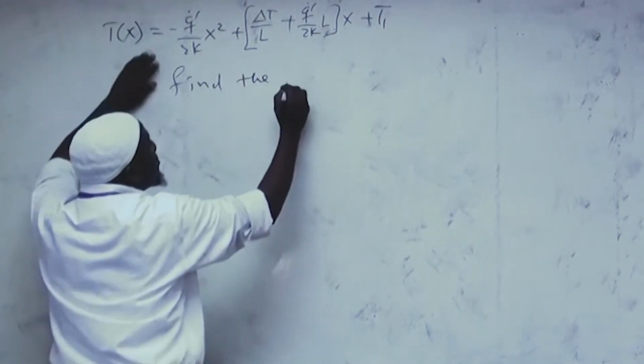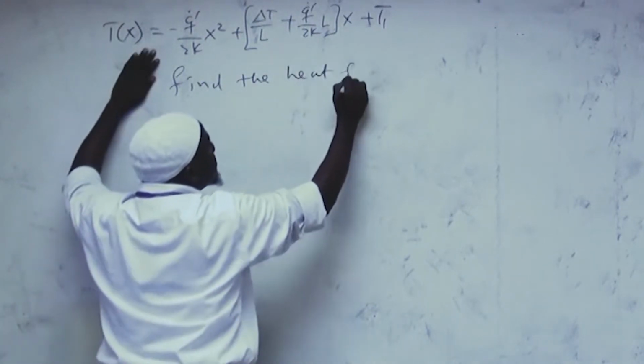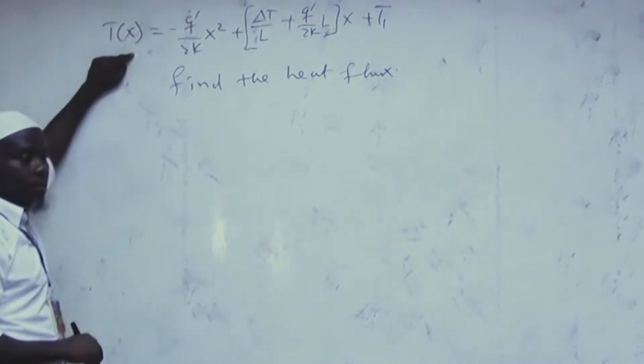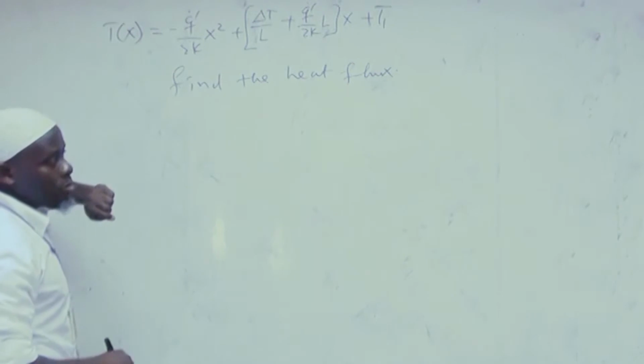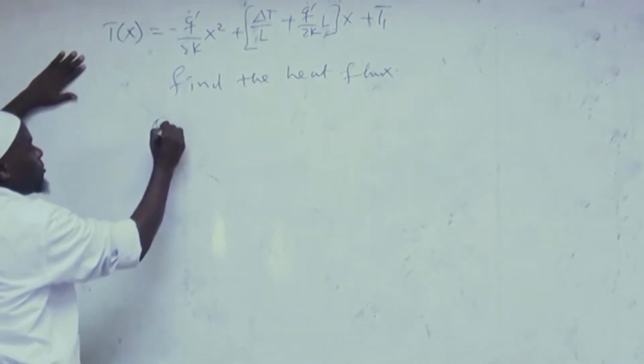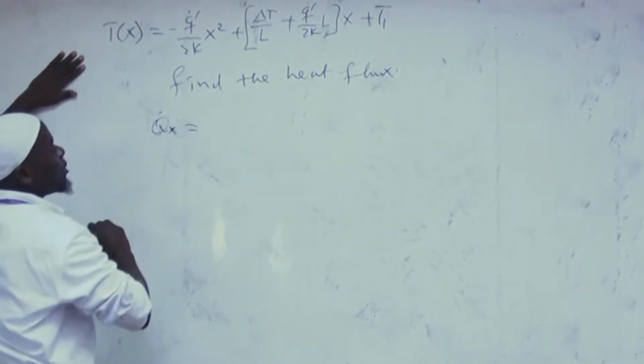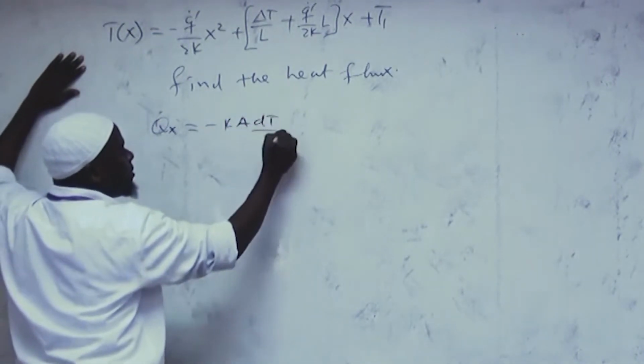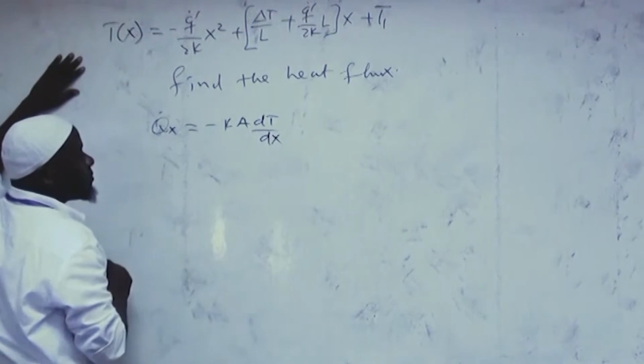So if you want to find the heat flux using this equation, all that you need to do is that you know Q equals minus kA dT over dx.